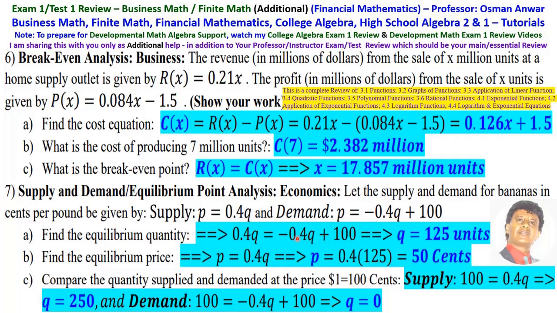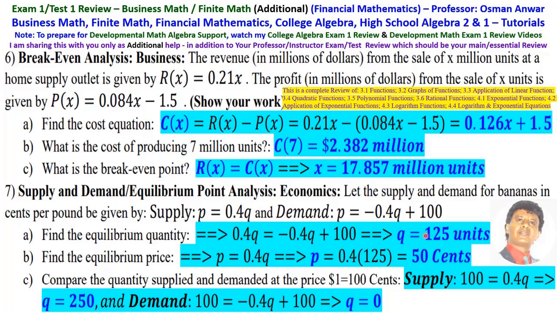Then when you move 0.4Q to the left, that is 0.4Q plus 0.4Q, which is 0.8Q equals 100. Divide both sides by 0.8, then Q is 125 units, and that is the equilibrium quantity.